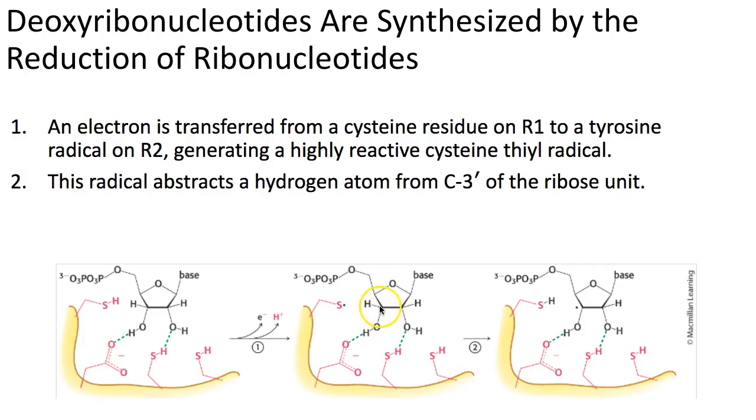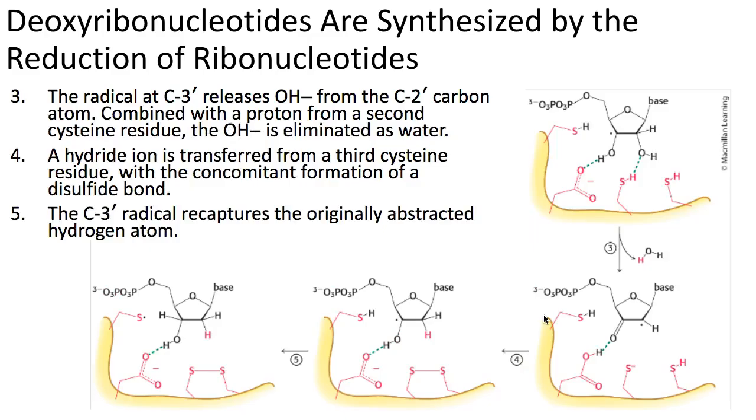right here of the ribose nucleus. And so now you see that radical is now on the C3, and now the cysteine residue now has a hydrogen that is attached. And so that happens for step 2.